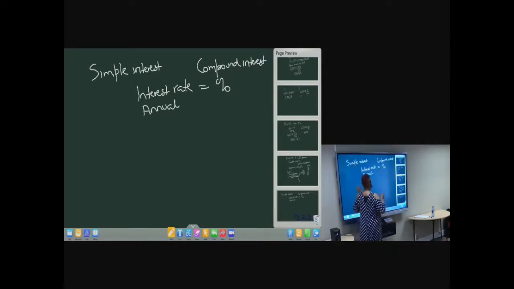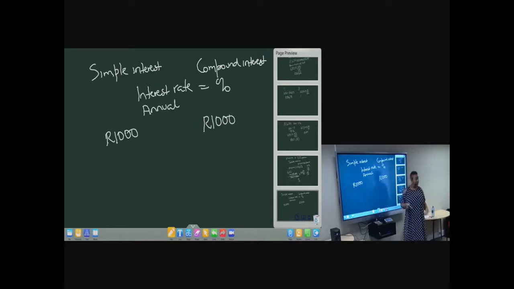With simple interest, let's say you invest or you borrow 1,000 rands, and you are told that you are going to pay an additional 10% once you bring it back. And with compound interest, you borrow 1,000 rands, and again you are told that you are going to bring it back with an interest rate. Let's say, for argument's sake, in both cases the interest rate is 10%.